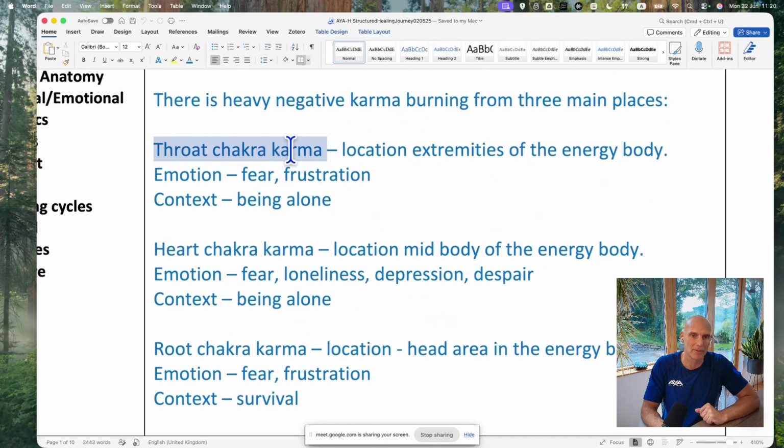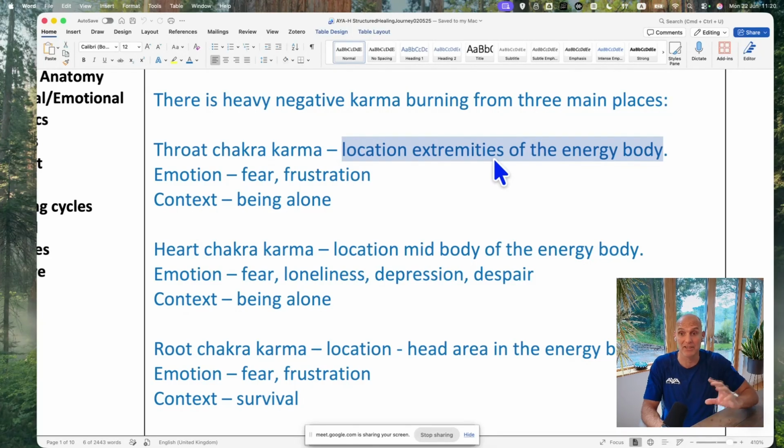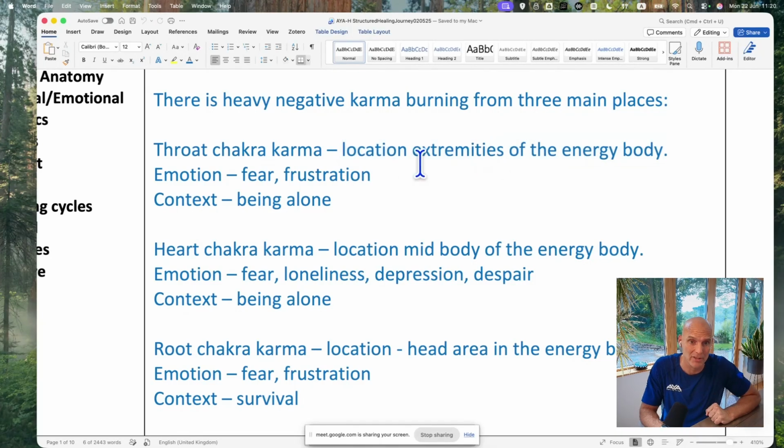First, throat chakra karma, which is at the location of the extremities of the energy body, because we want to put where that karma actually is. You might have to go back to the lesson about karma to remind yourself. Karma is an emotion plus context, so it's good to write that down as well.